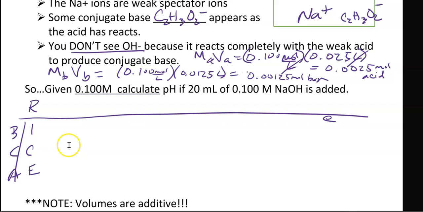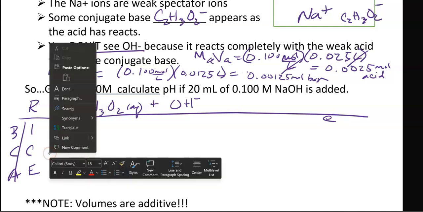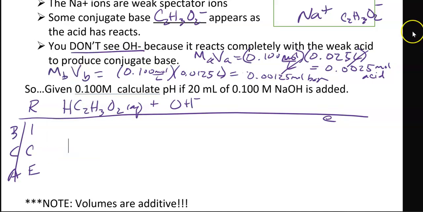Okay. So I've got acetic acid reacting with, what part of the base? Oh yeah, the hydroxide. Think about my net ionic equation. And I'm going to produce water for sure, and I'm also going to produce conjugate base.